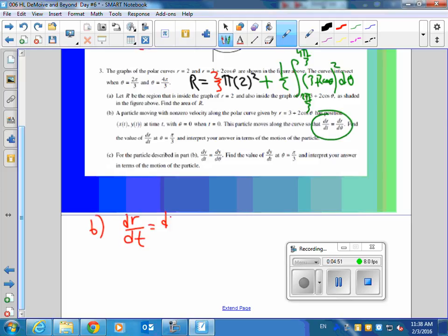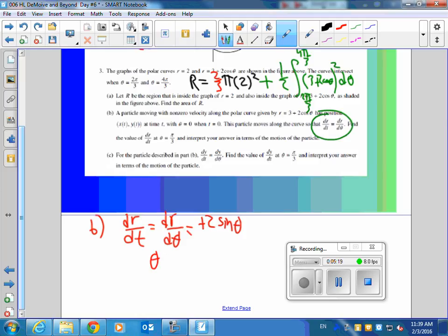Well, that's the same as dr/d theta. And so we just take the derivative of this. Derivative of 3 is 0. Derivative of 2 cosine is negative 2 sine theta. That's it. And then it says interpret your answer in terms of the motion of the particle. So it says find the value of dr/dt at theta equals pi over 3.